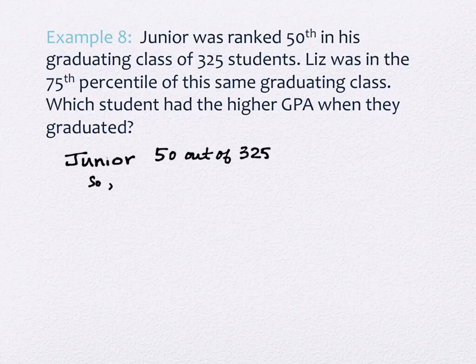How would I find that out? Subtract. Yeah, so we'd have 325 minus the 50, and you're exactly right, Braden, it's 275. There's 275 people below Junior, right? So we take our 275 and divide it by the 325, the total number of people, and this will create his percentile in terms of his ranking.